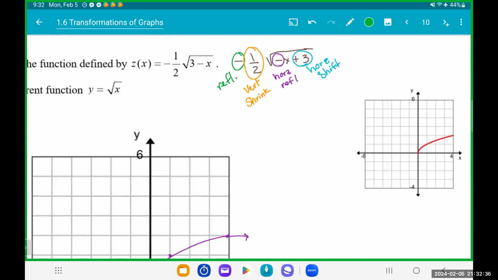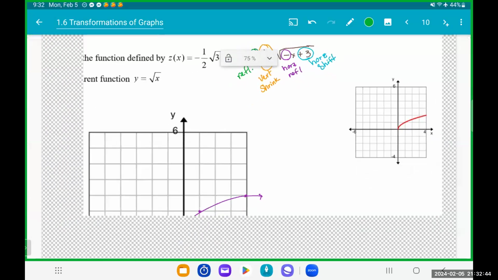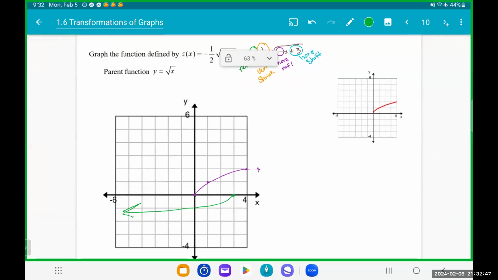But you wouldn't have to do reflection within a reflection within a shrink and you know what I mean? Like you will have more basic ones, but I just want to show you how we didn't have to plug in things. We can take the knowledge that we have to make those transformations. Okay.